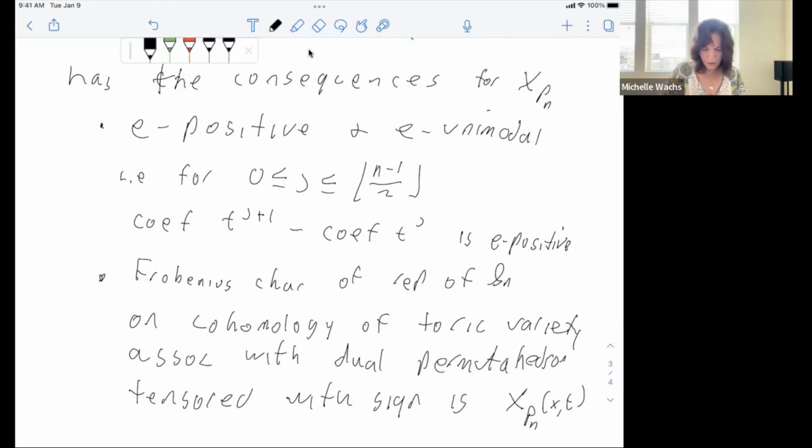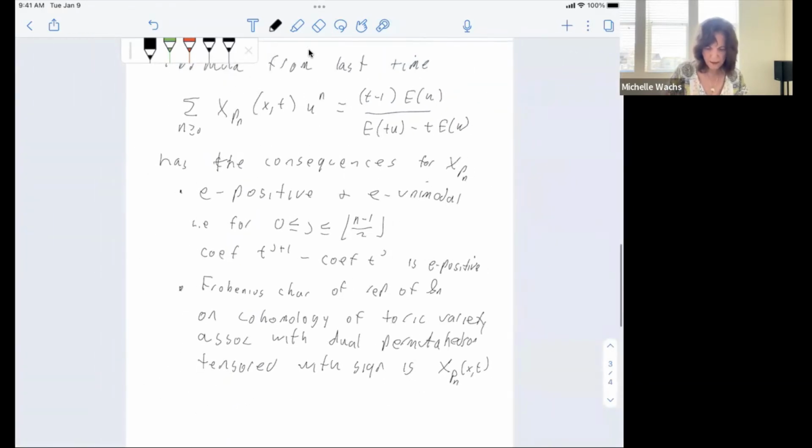So how do we get that from this formula? We get it because of a result of Procesi and Stanley. They proved that the Frobenius characteristic is equal to this with H's instead of E's, so their formula tells us that this is true.